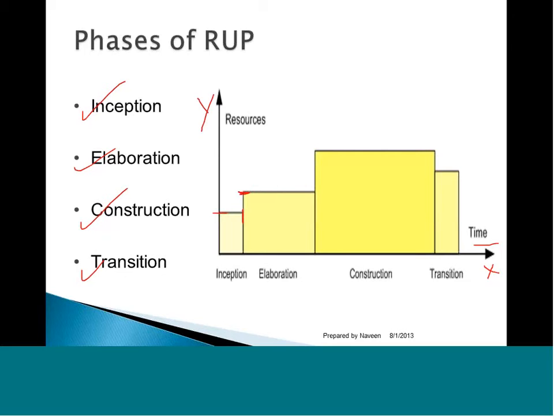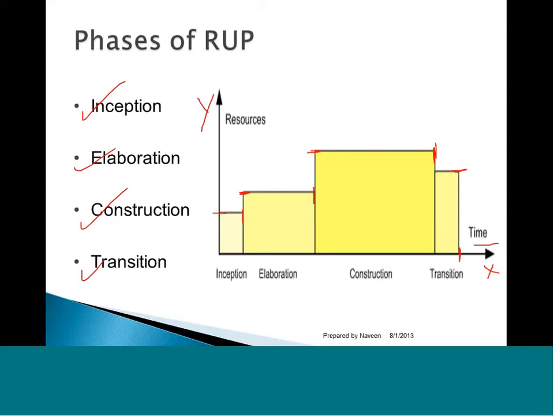Elaboration would require a little more resources and a little more time than inception. Construction would require more resources and time than inception and elaboration, and then transition may require relatively fewer resources than construction, but more than inception and elaboration, and relatively less time, probably about the same as inception.